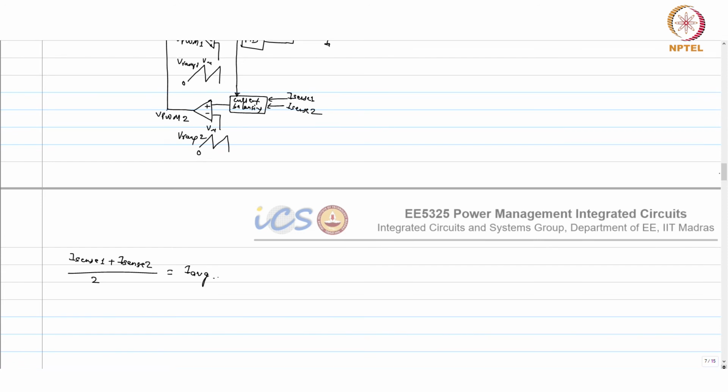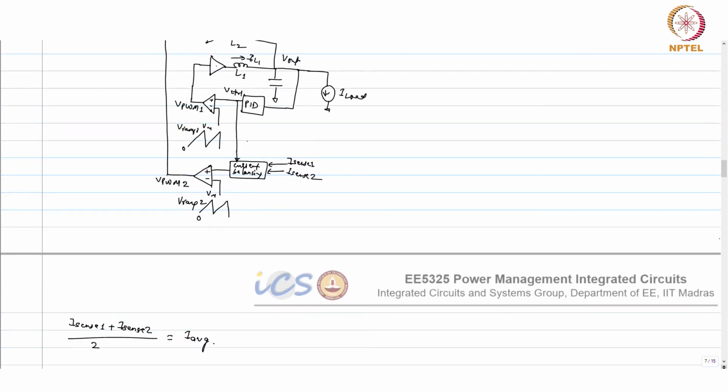So you compare each current with I average and see if it's higher or lower, and then based on that you decide whether the duty cycle needs to be increased or decreased. Same thing is required. We don't have space here, but the same thing is required on the other side also, because you don't know which one needs to be increased or decreased.